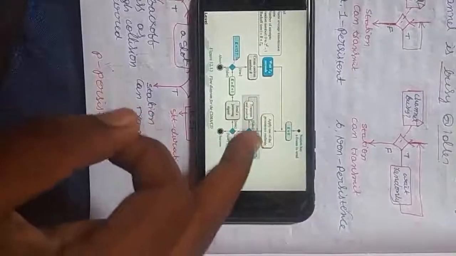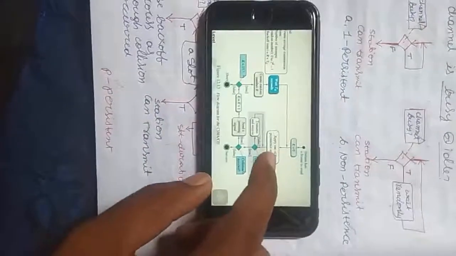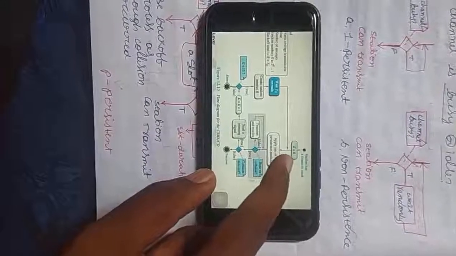Apply one of the persistence methods: one-persistent, non-persistent, or p-persistent. Suppose I apply one-persistence, I check whether the channel is busy. If the channel is not busy, the station can transmit the data.